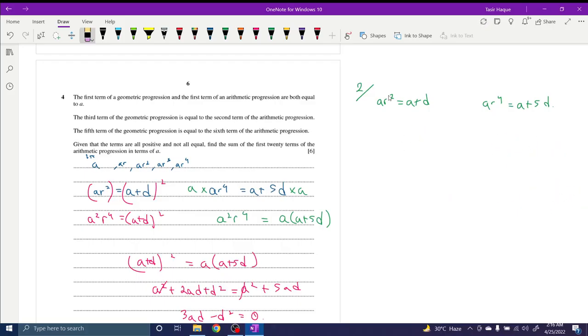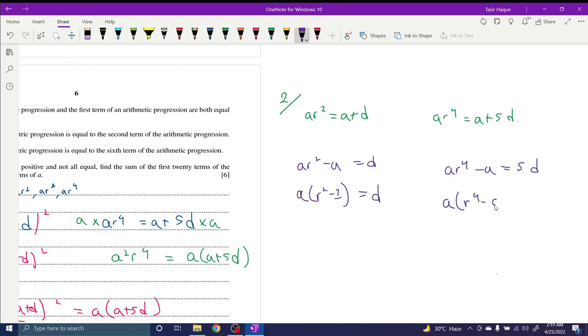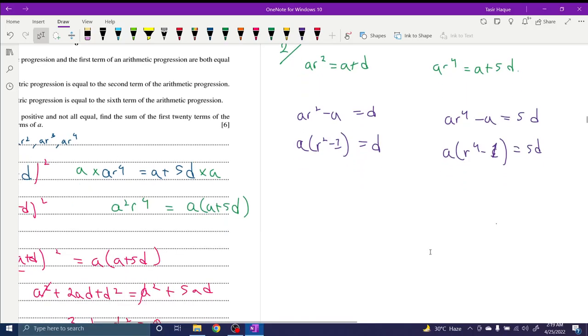Any one works. So for that to happen, the other way, we need to bring a on one side, right? So ar square minus a is equal to d, and ar to the power 4 minus a is equal to 5d. Or a into r square minus 1 is equal to d, and a into r to the power 4 minus 1 is equal to 5d. So we can actually divide these two equations, right?